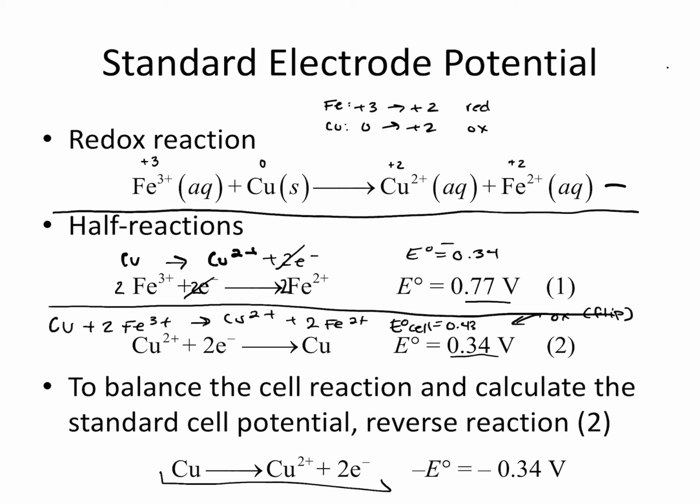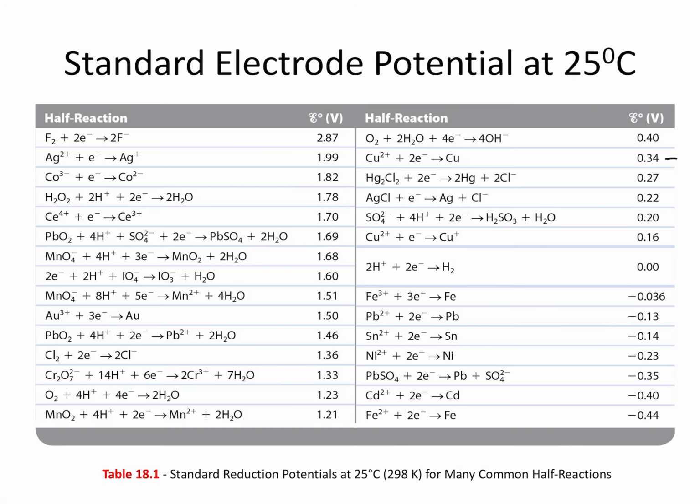So the E cell is therefore equal to 0.43 volts. So you do not manipulate the voltage when you multiply the equation to get rid of the electrons, but if you flip it for the oxidation form, you have to change the sign. But then you just sum it up for the cell potential, like when we sum up a reaction to get back to our original equation.